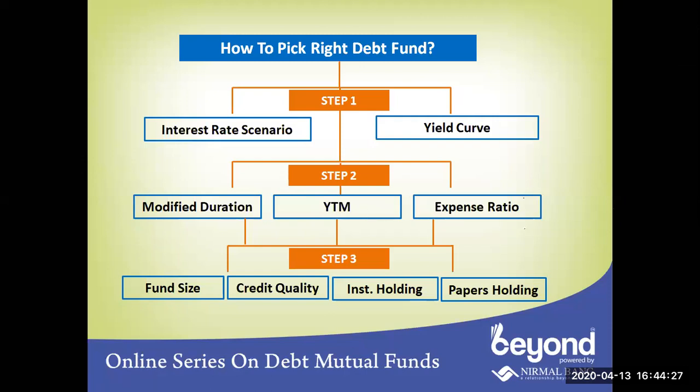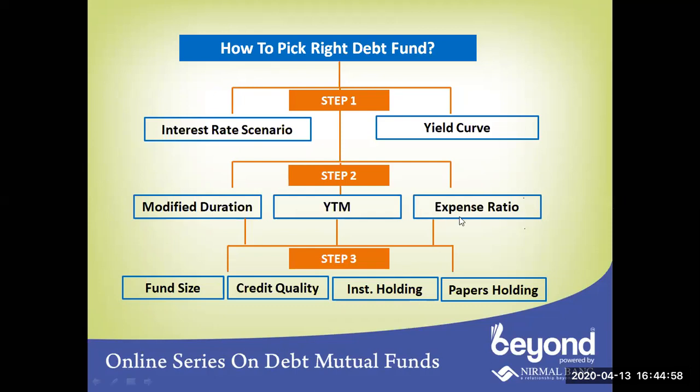YTM is one thing, and the net YTM is another. Net YTM is whatever YTM your portfolio is showing minus the expense ratio, because the client has to pay the expense ratio or fund management fees from the fund itself when they redeem. So the net YTM is your portfolio's YTM minus the net expense ratio.